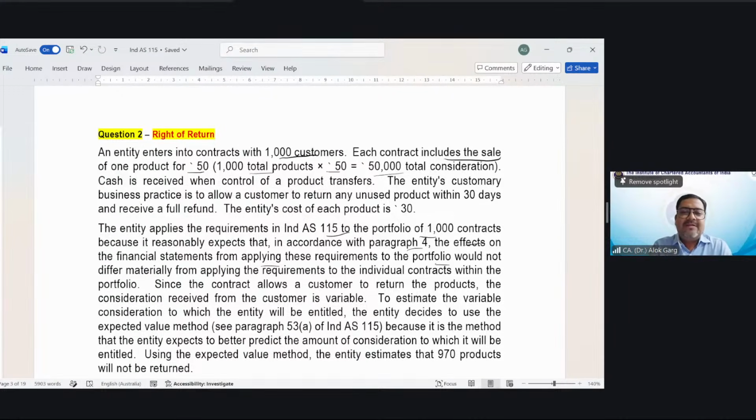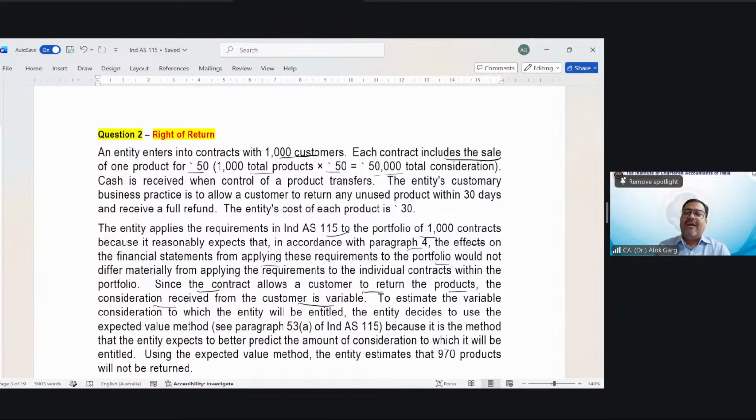Since the contract allows a customer to return the product, the consideration received from the customer is variable. Variable means, sir, but the price is 50 rupees only. So it's not about the price.